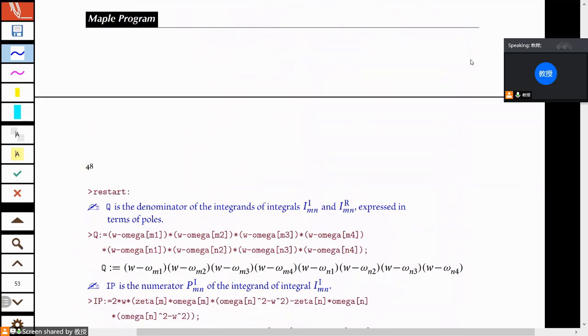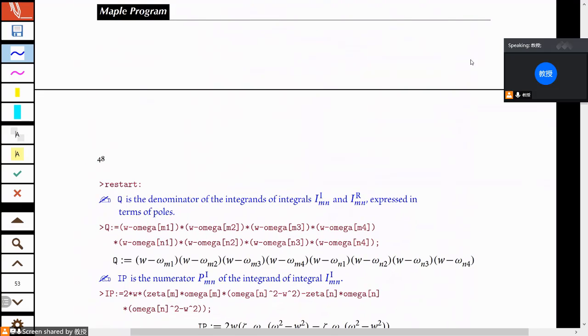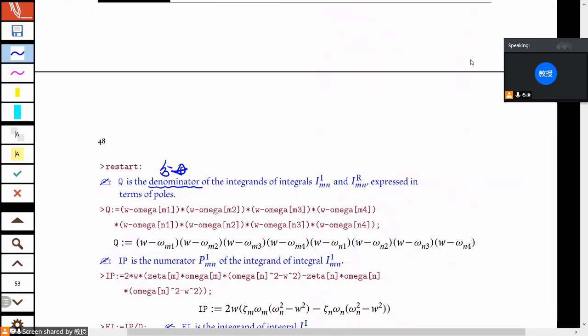So we write Q as the denominator of both integrals, and we express it in terms of the poles or the roots. We have a total of 8 roots.